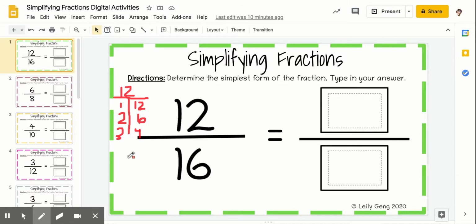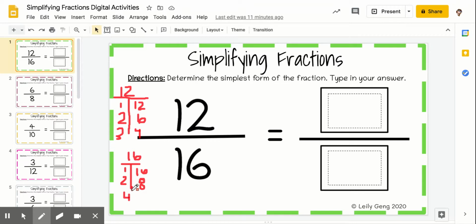And then 16, and I've got 1 times 16, 2 times 8, and then 4 times 4.